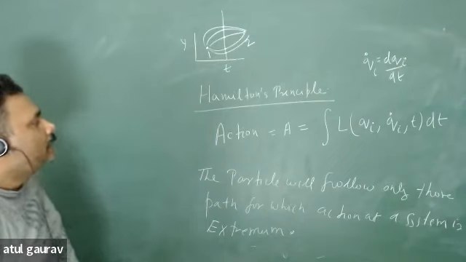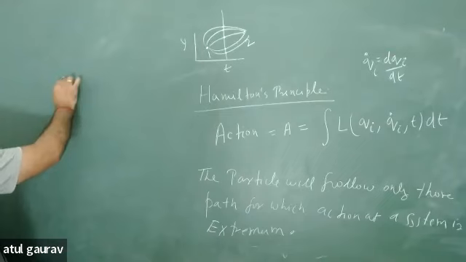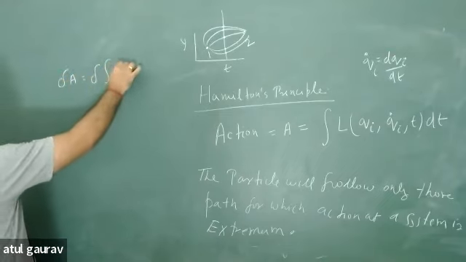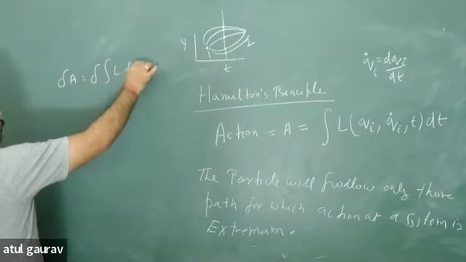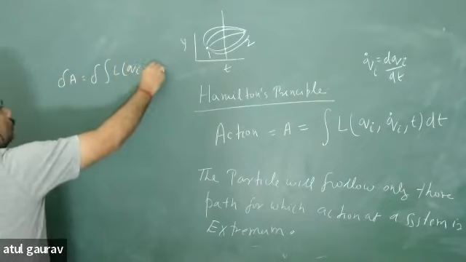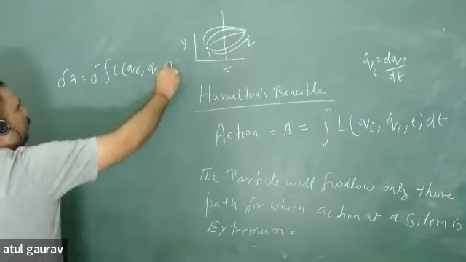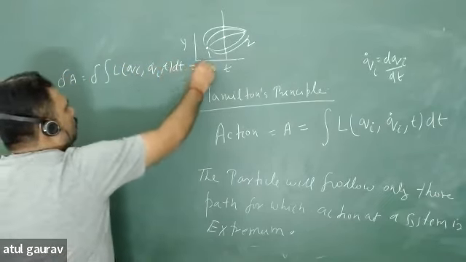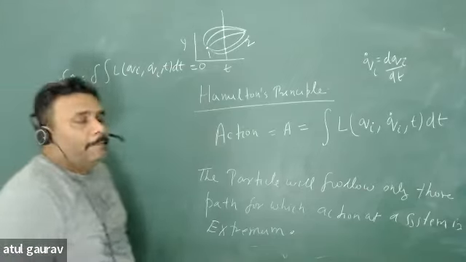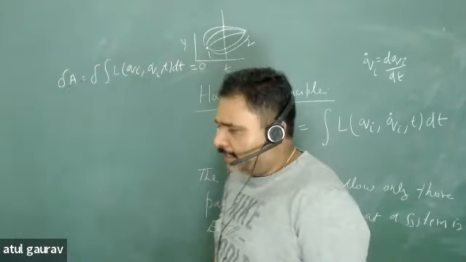So if the action of a system is extremum, then del A, that means del of the integral of L(qi, qi dot, t) dt, must be equal to 0. Now, compare it with the calculus of variation.